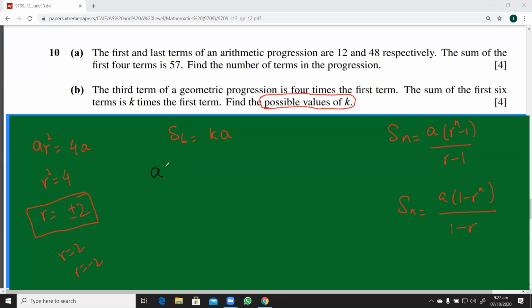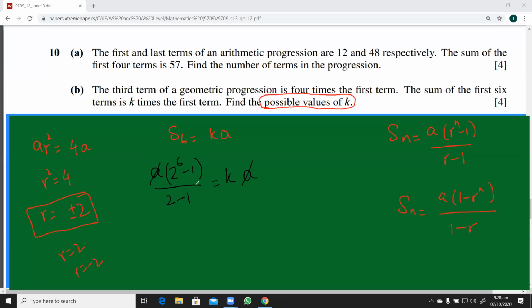The background is basically very dark, so that is why we're having problems. So this a, r is 2: 2 raised to power 6 minus 1 over 2 minus 1, that is ka. So the a's cancel.